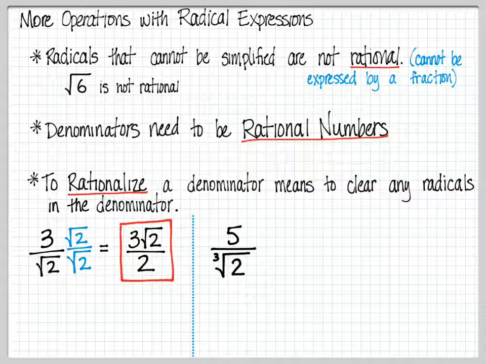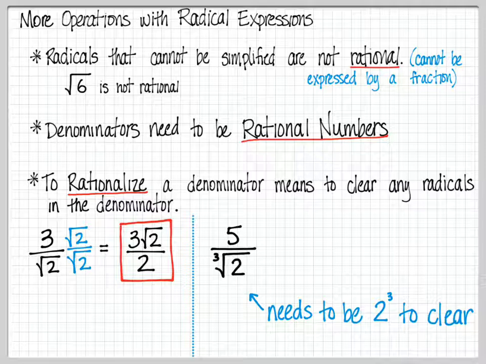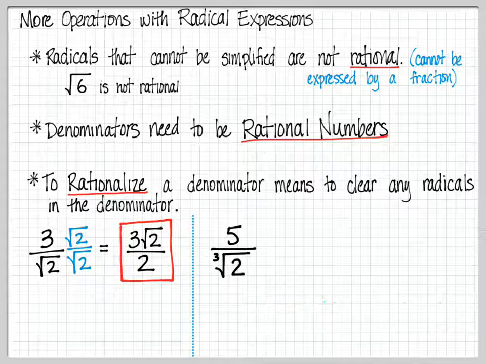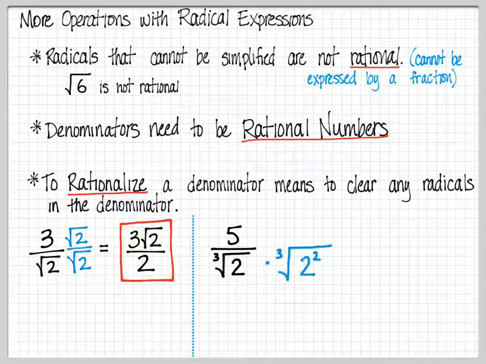Here's another problem. I have 5 being divided by the cube root of 2. Well, that needs to be a 2 cubed. It's not a rational number because the cube root of 2 is not rational. I need to have the cube root of 2 cubed, not just 2 squared, but 2 cubed. So what can I do? How can I make that 2 cubed? Well, again, remember you have to only multiply by the same index.